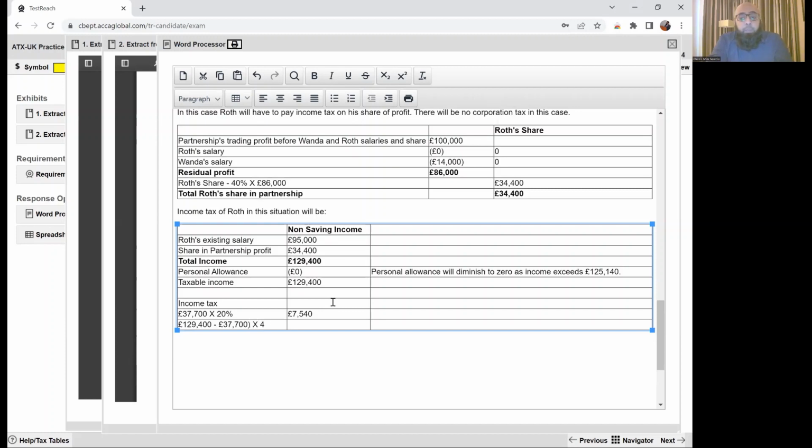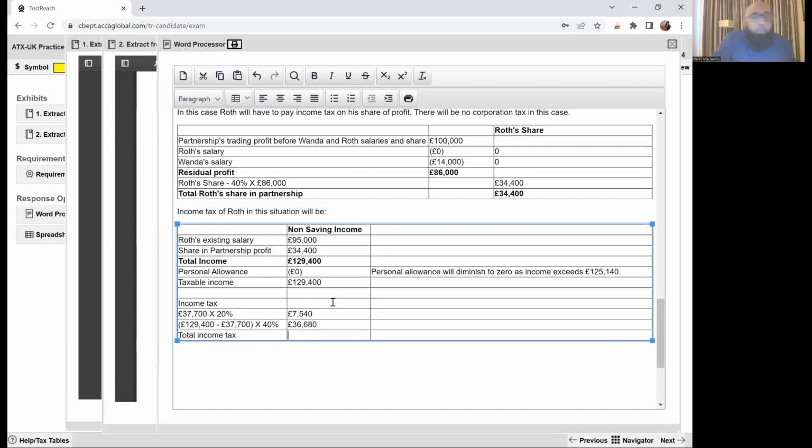I'll apply 40% on it because the remainder goes in the higher rate band. So it's 36,680.